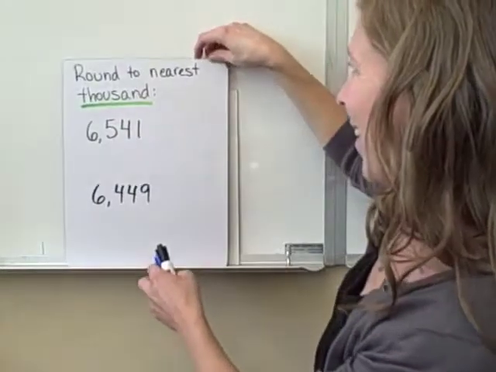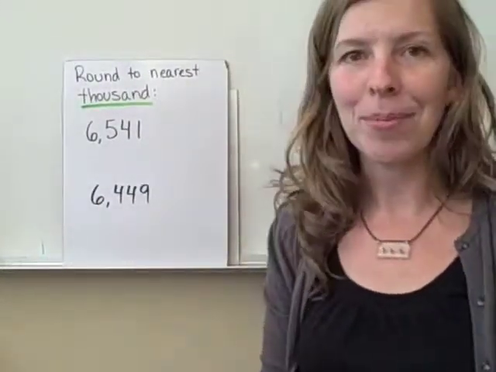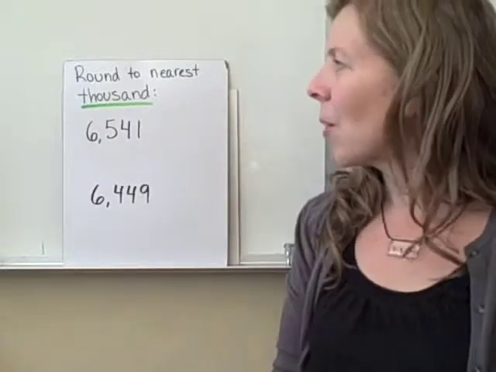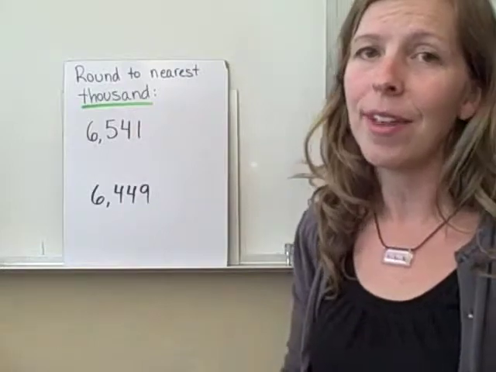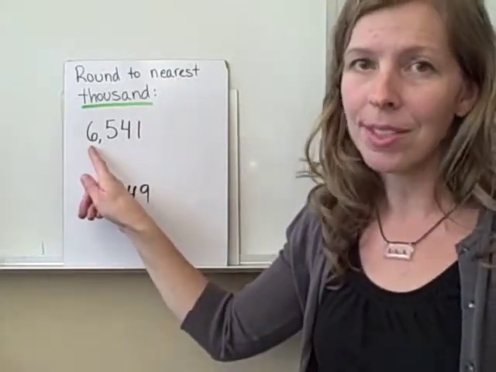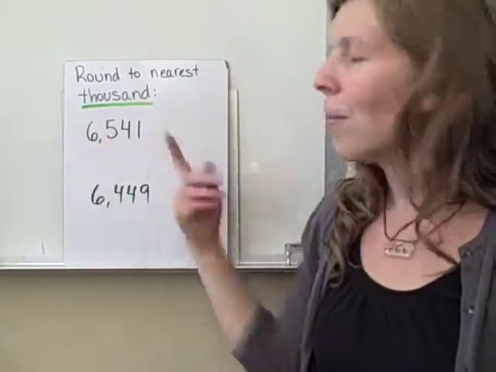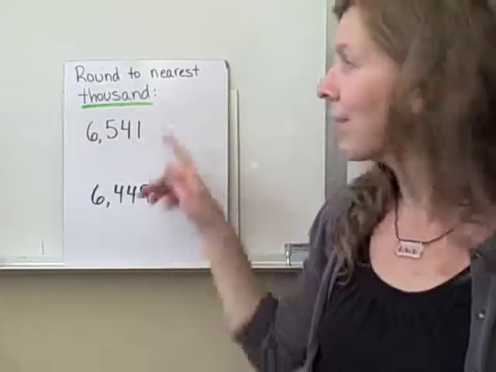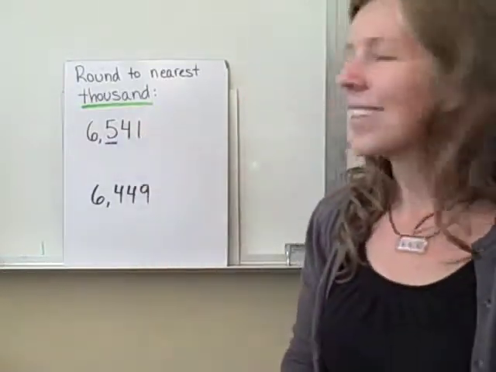Okay, let's take rounding to the nearest 1,000. We're using the same numbers, aren't we? So what I always do, I pay real close attention to the place value that I'm being told to round to. I know that 6 is in the thousands place, but to do this, we have to think about what's in the hundreds place. We have to look at that digit. So here we go. It's a 5.